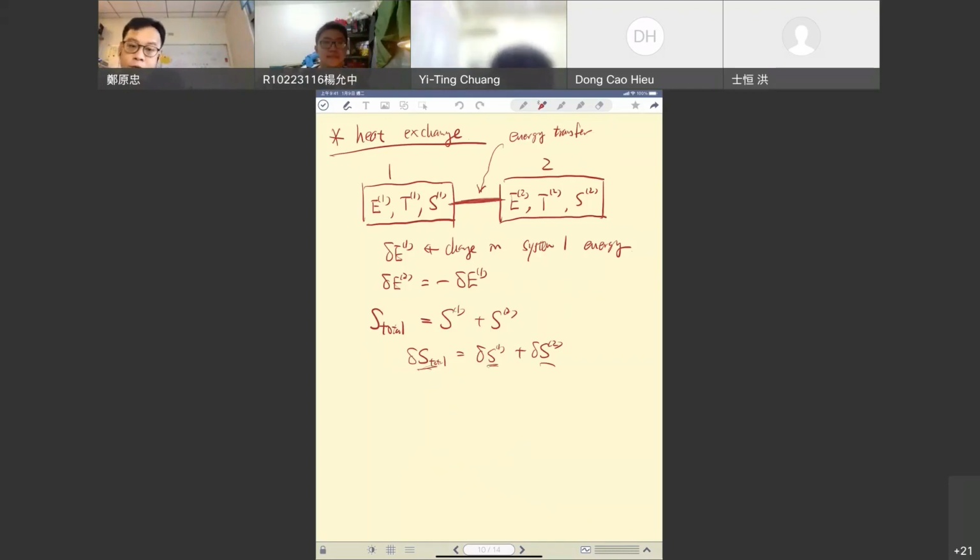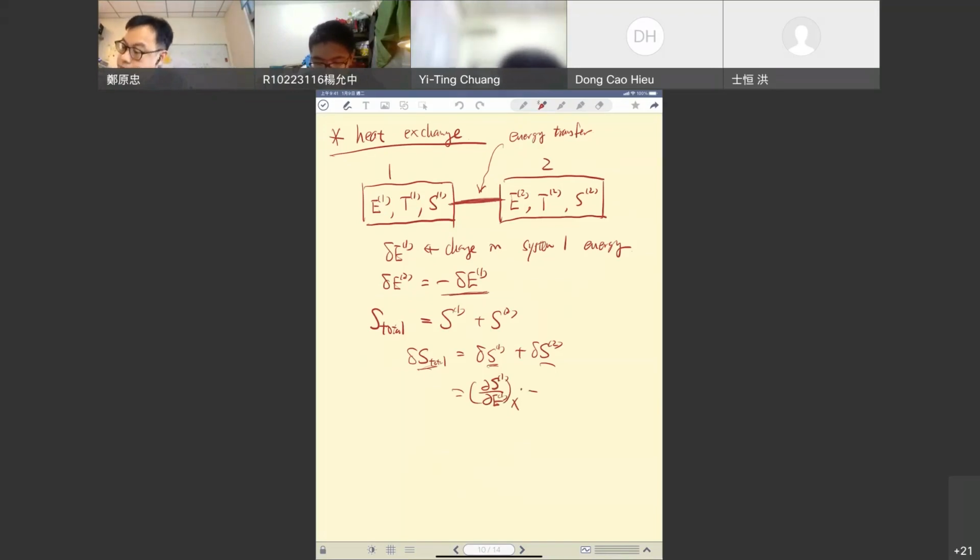Well, we can write down the first derivative. Because now energy changes, it's the change of energy. So if we know how entropy changes with respect to the change in energy, and what is that? That's partial S, partial E, for system 1, with X fixed. Now E is not fixed, but X is fixed.